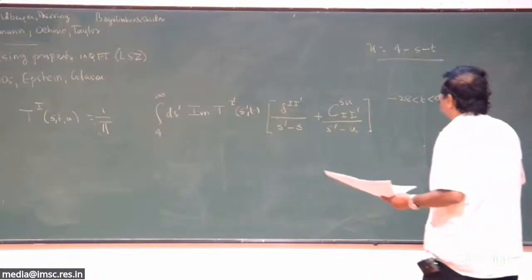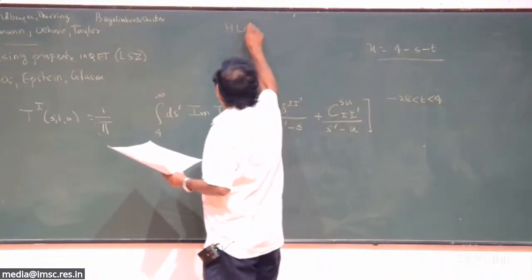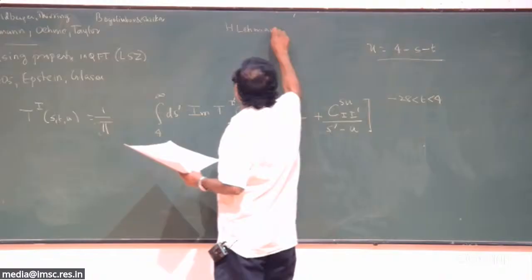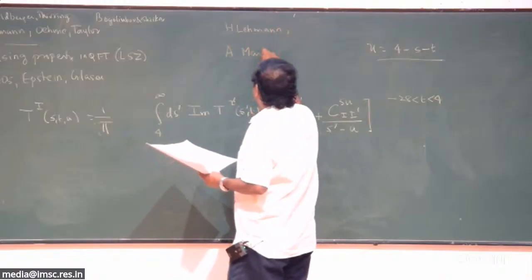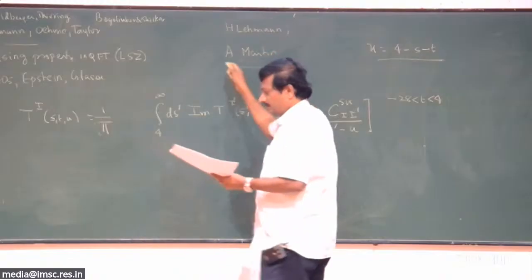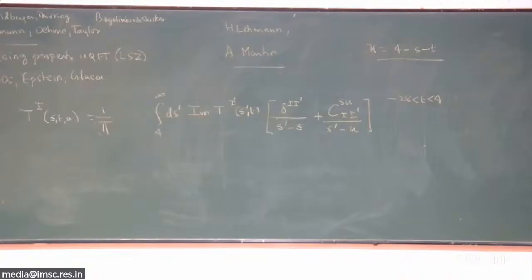And this is all based on work that was done by Harry Lehmann, a great pioneer in these things, and extended a great deal by André Martin, another very important figure in this field. He fortunately passed away during this COVID business. So this is rigorously true.